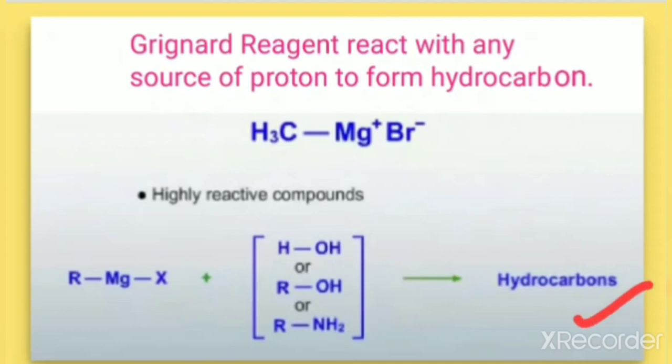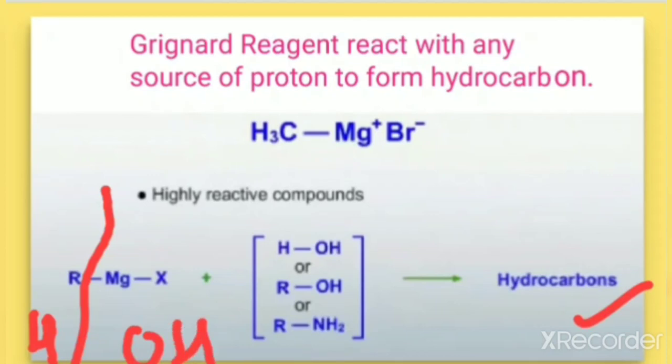So how do we make this product? In this case, the bond between R and Mg will break. The H will be taken by the alkyl group and OH will be taken by the MgX. So we get the product RH. RH means alkyl group plus hydrogen, that is a hydrocarbon.